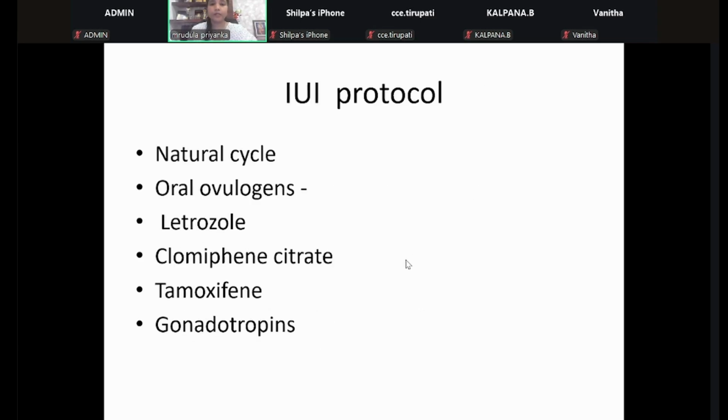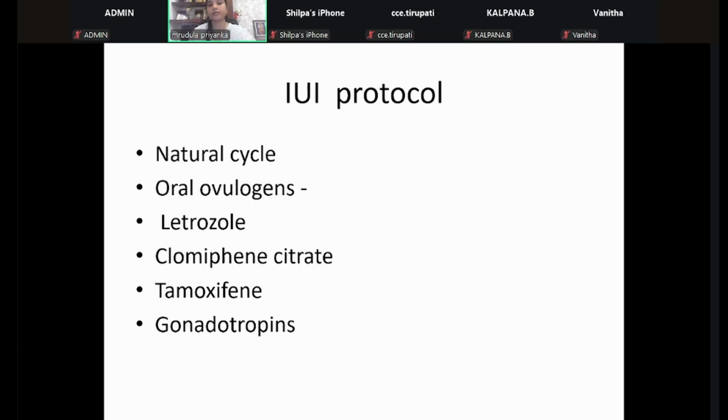Then coming to the protocols, there is one natural cycle IUI wherein we don't stimulate the patient at all. We just monitor the natural cycle of a patient. This can be done only in patients who are regularly ovulating. So we call the patient on day 2 or day 3 for a baseline scan, and then depending on the cycle length of the woman, we call her again to see the dominant follicle.